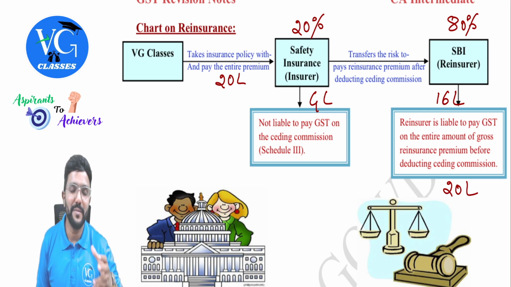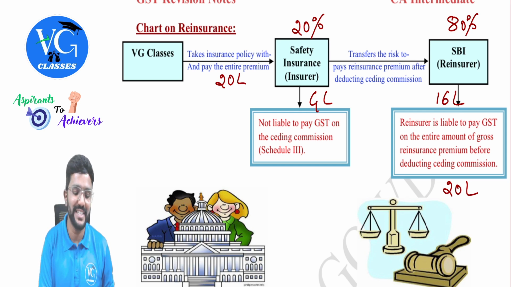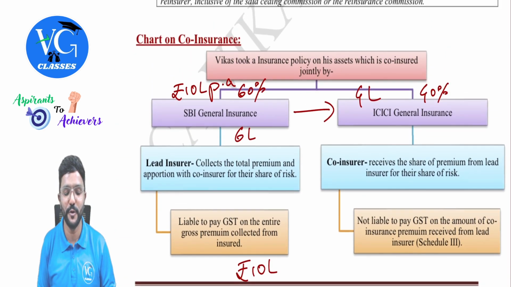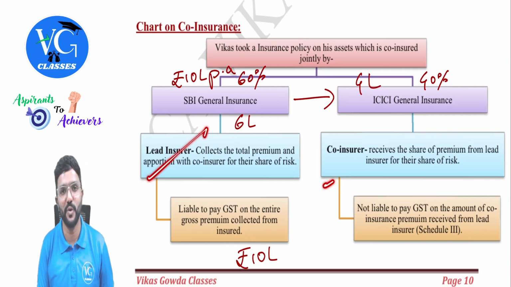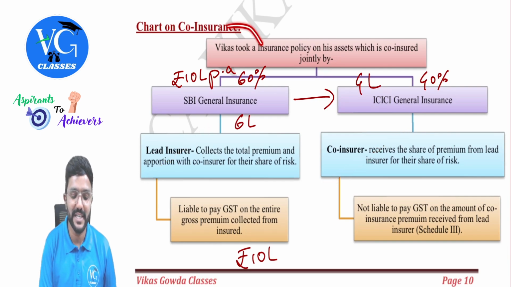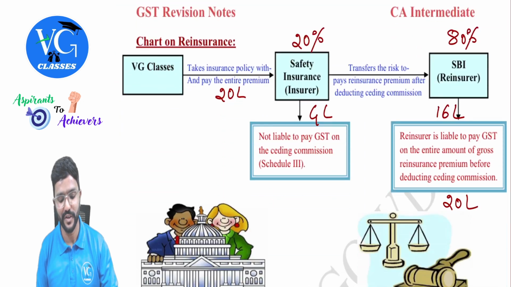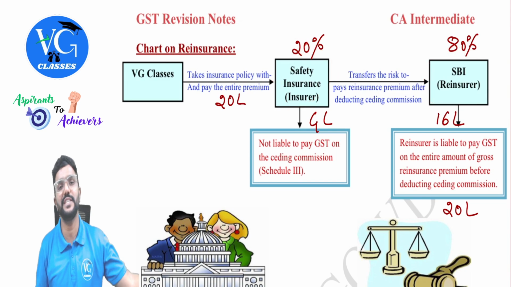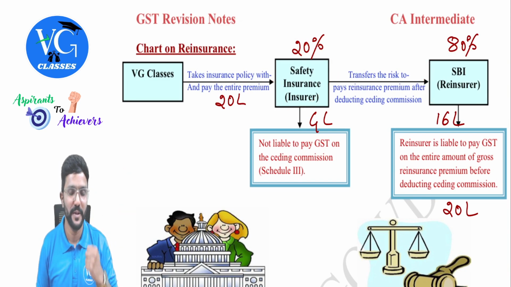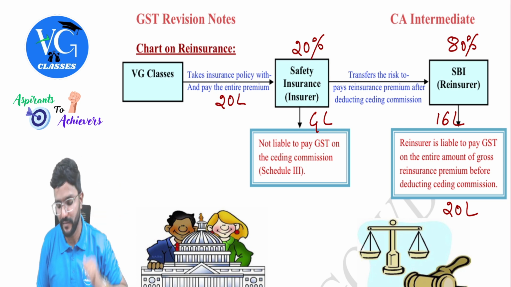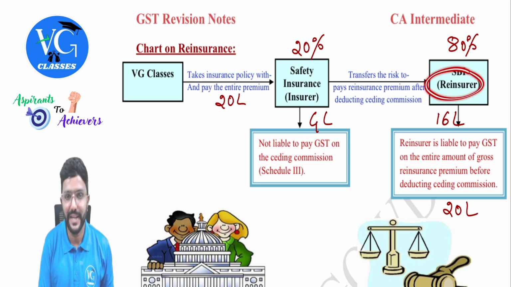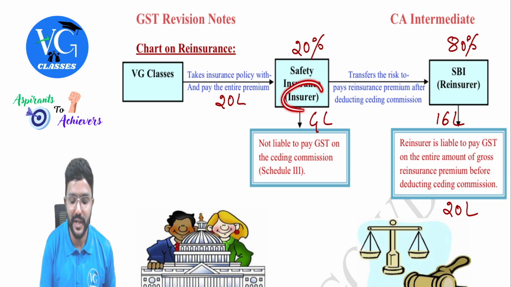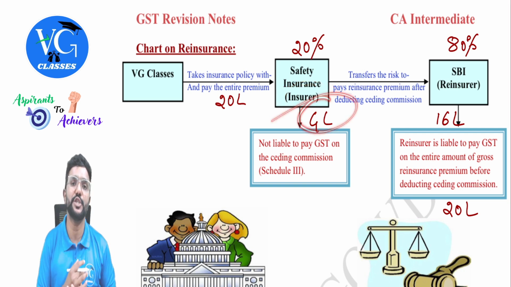But on whatever amount they are paying GST, can they charge and collect it from the recipient, that is the insured? Yes, guys. No matter who is liable to pay GST, whether lead insurer or co-insurer, can they charge and collect it from Vikas, who is the insured? Yes. Same way here, no matter who is liable to pay GST, can they charge and collect it from VG Classes? Yes, guys. But liability, on whose side are we seeing? So if the reinsurer has paid GST on the entire 20 lakh, Schedule 3 is telling the insurer, you don't pay GST on the ceding commission of 4 lakh.